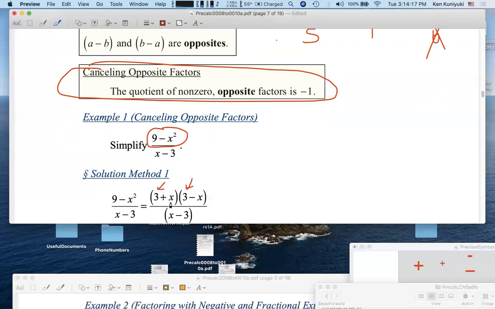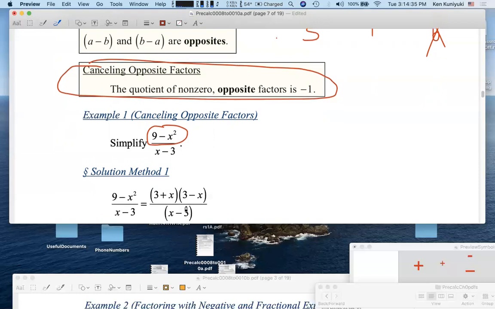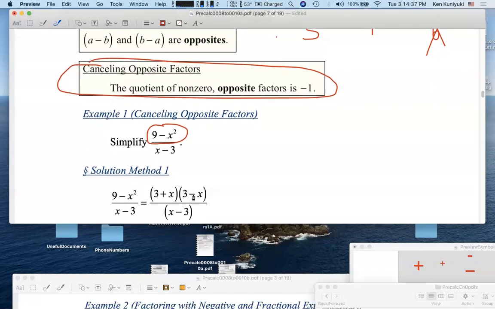Now, if you write x plus 3 instead of 3 plus x, those are equivalent, so that doesn't matter. But you must write 3 minus x and not x minus 3. So you can factor 9 minus x squared like so, with the 3's in front. Now, what can we do with the 3 minus x up here and the x minus 3 down here?